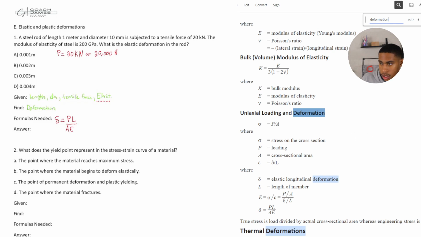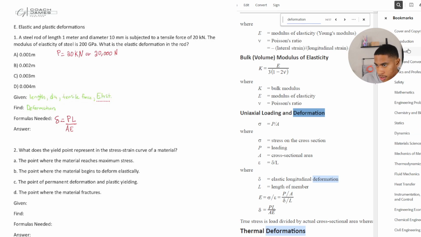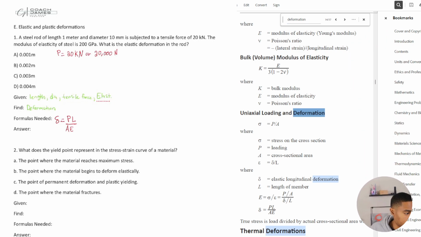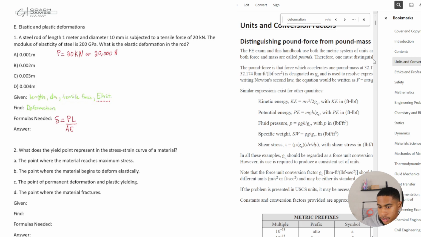If you don't know what is what, we're going to visit the unit conversion. We can just actually do that now. So in your bookmarks, you can search unit conversions.